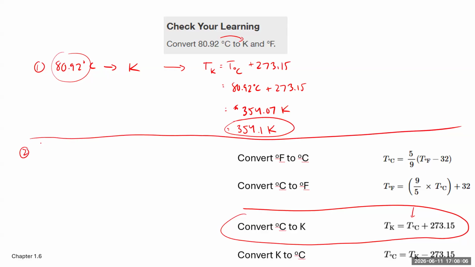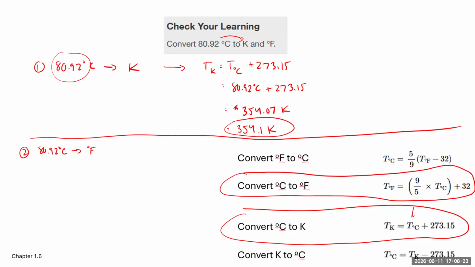Second one: we're going to go from 80.92 degrees Celsius to Fahrenheit. So we're going to find Celsius to Fahrenheit. This is the one where we have to use PEMDAS, the order of operations. Temperature in degrees Fahrenheit equals 9/5 times the temperature in degrees Celsius plus 32.